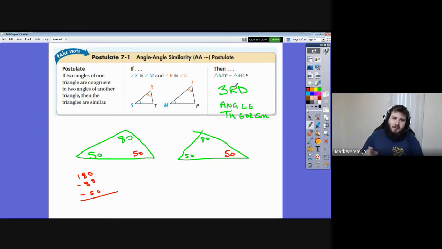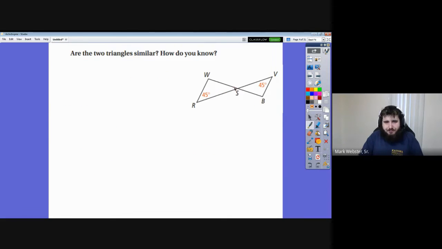Okay? So let's use angle angle to show that it doesn't work with similarity. So we want to know, are these two triangles similar and why? Well, first things first, if we remember back from congruence, this setup right here with the bow tie always gives us extra information, right?